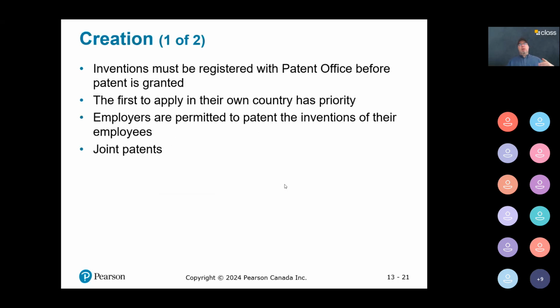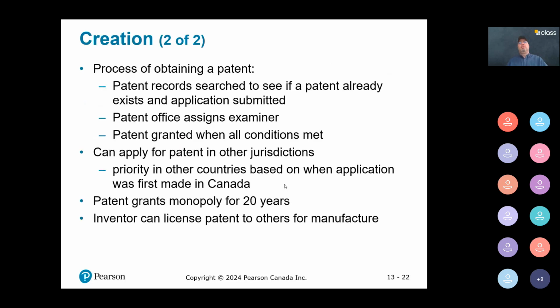Now, as I mentioned to you, you send an application to the patent office. The first to apply may be granted a patent, and then the patent will be reviewed. There will be an examiner reviewing. The examiner usually has expertise, knowledge.